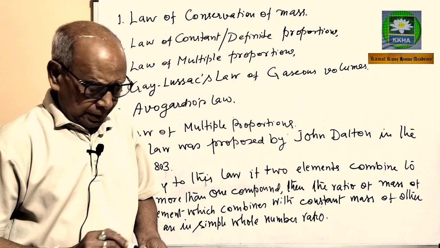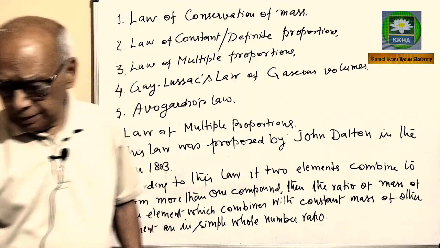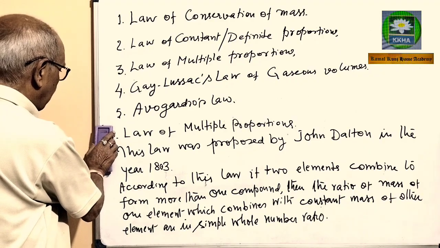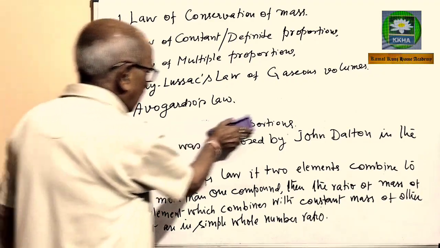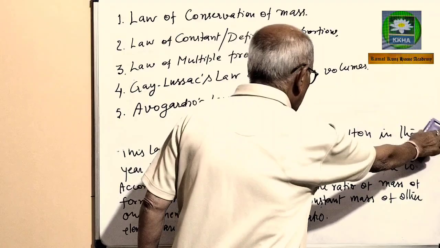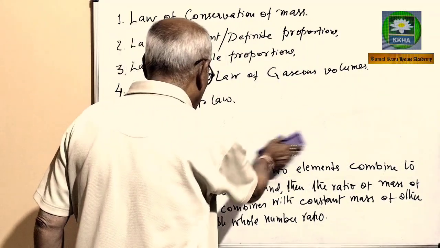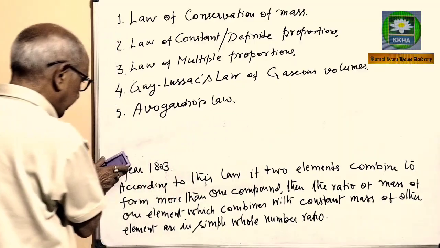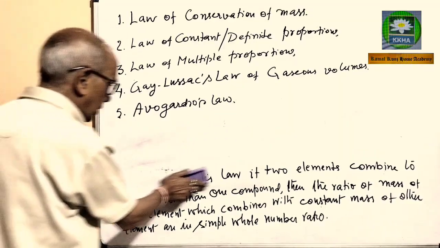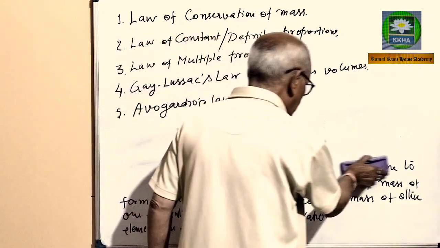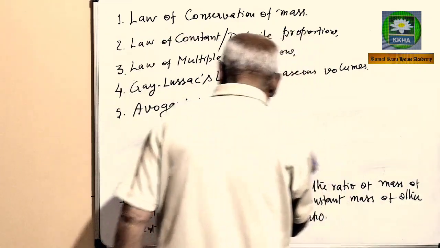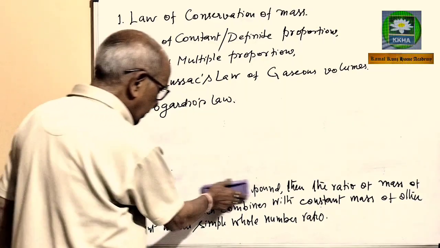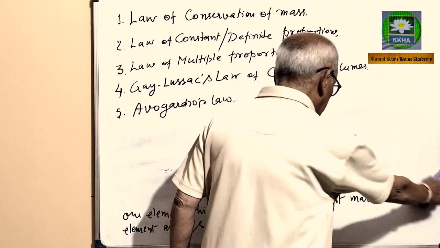For example, carbon and oxygen combine together to form carbon monoxide and carbon dioxide, two compounds. Then the ratio of masses of oxygen, which combines with a constant mass of carbon, is a simple ratio of whole numbers.